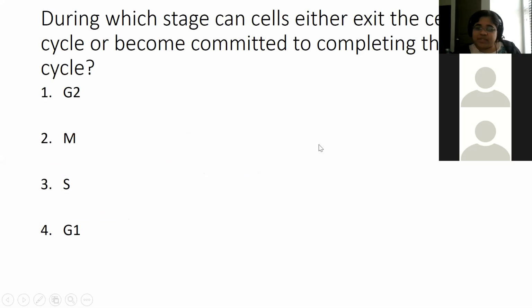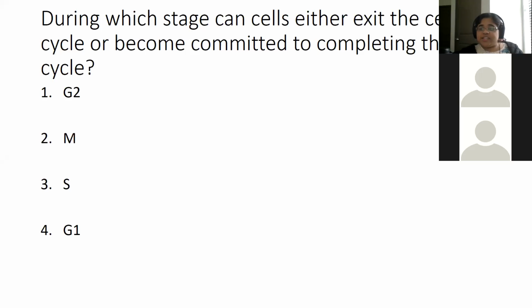Okay, so one of the things I realized after putting this up is that there was an error in my video. With this question, I kind of mixed up two different questions into one. So I fixed it in the PowerPoint, but I just wanted to make sure that you guys were aware of it as well.